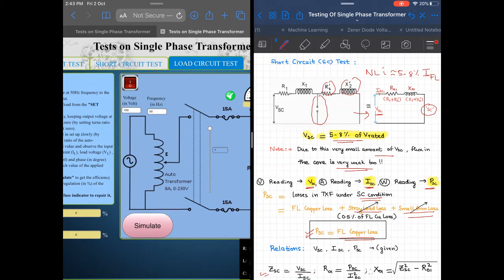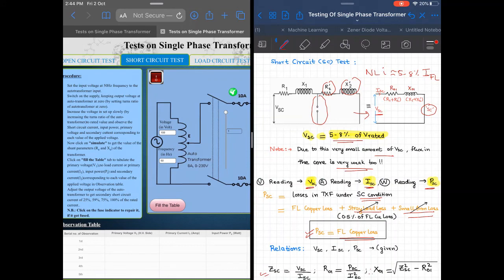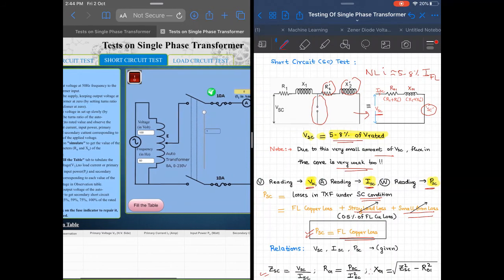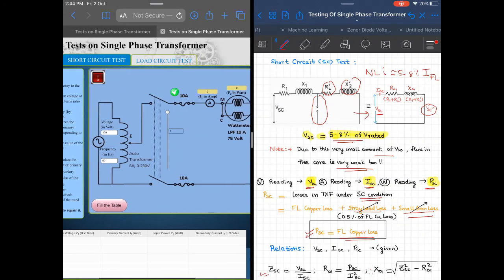Now I will shift again to the website, and in the simulator section we click on the short circuit test. We set the input voltage to a very low value. This is adjusted using this marker.